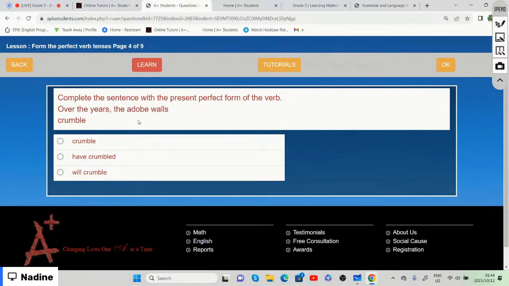We need to complete the sentence with the present perfect form of the verb. Over the years, the adobe walls, do we say crumble, have crumbled, or will crumble?